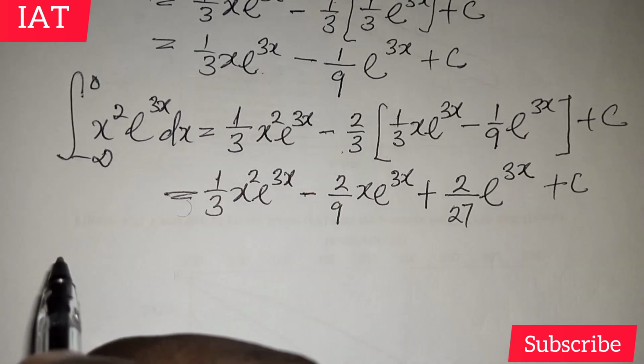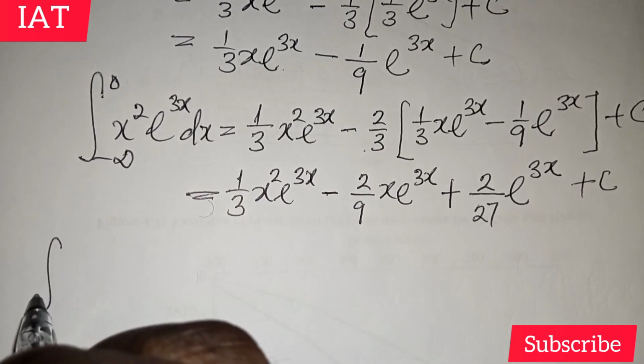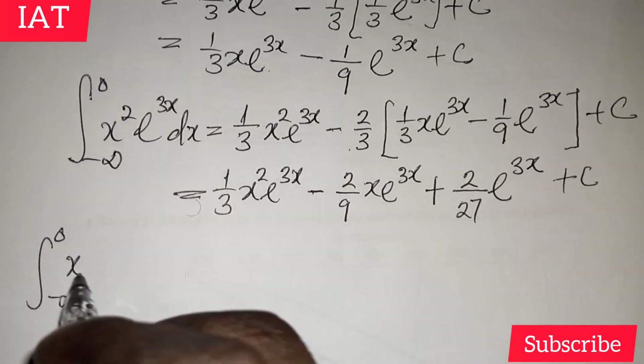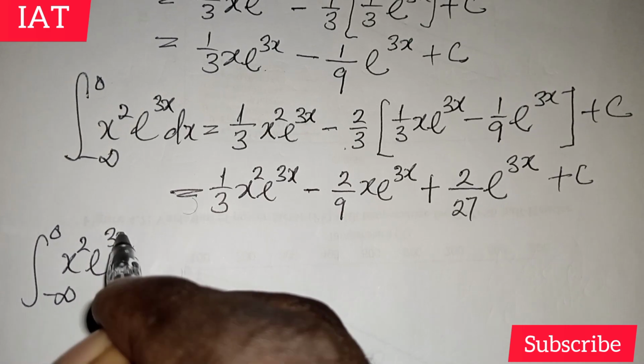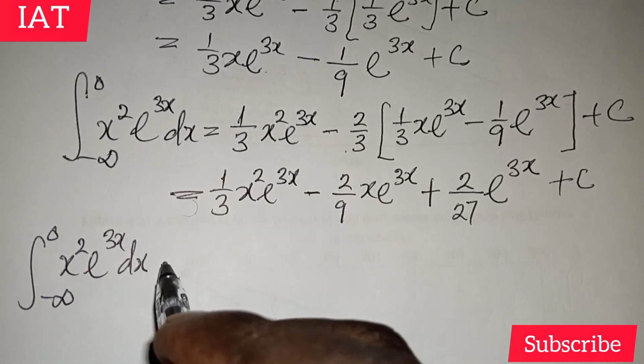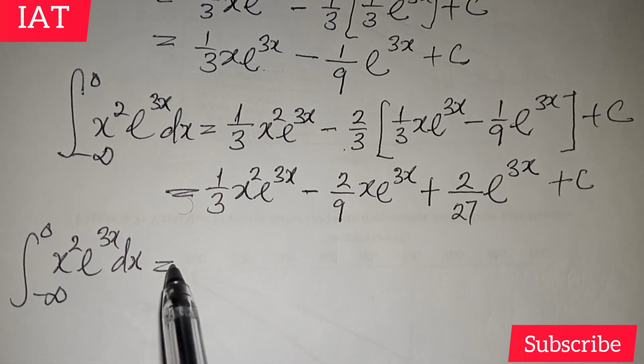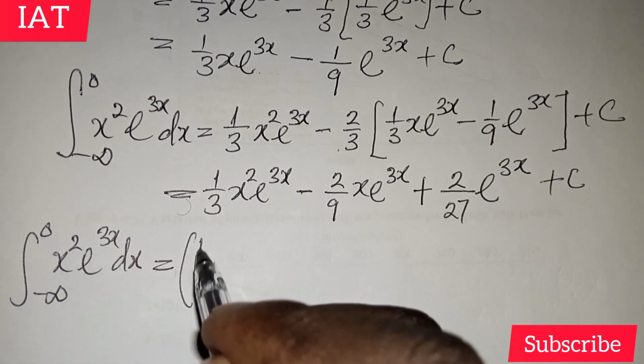In order to apply it, we say that the integral from negative infinity to 0 of x squared exponential 3x dx will be equal to, we apply the upper limit first. So we have 1 over 3.